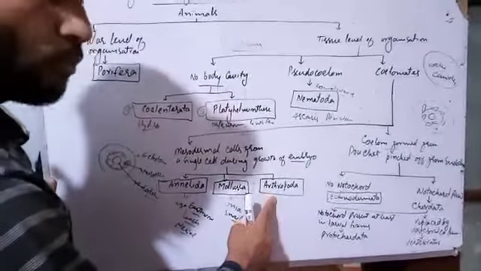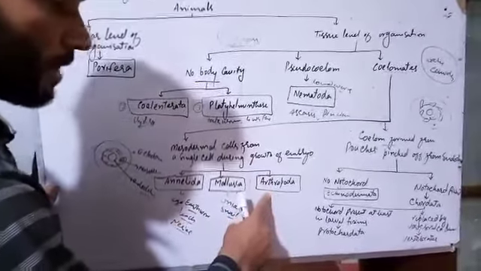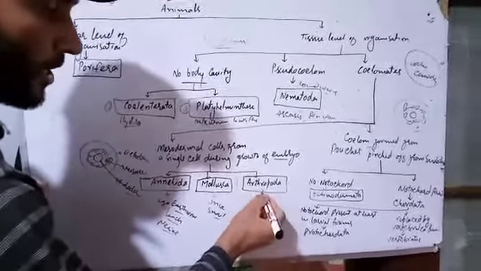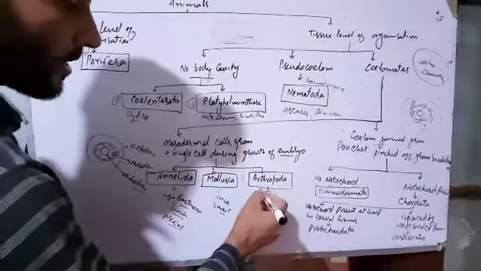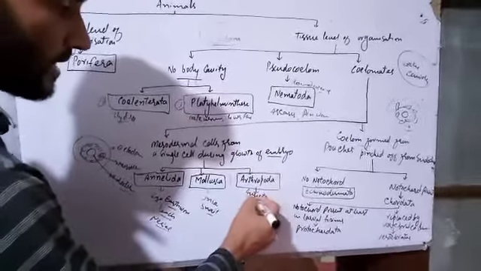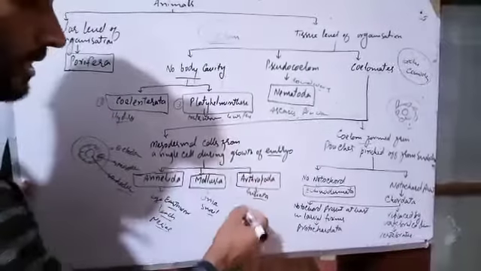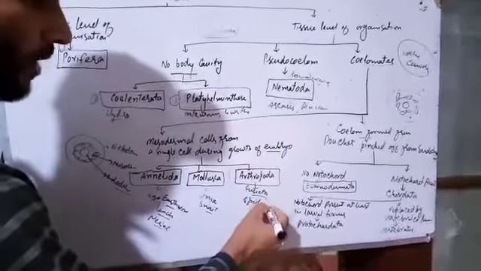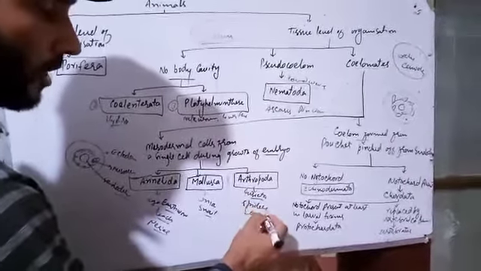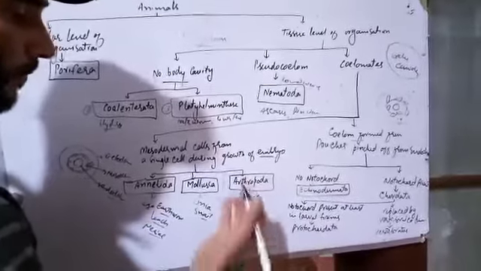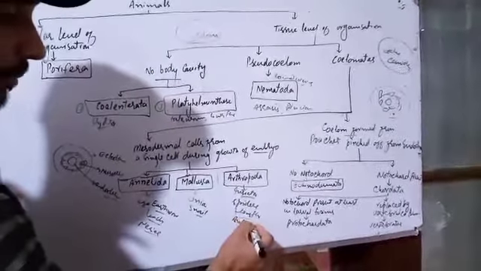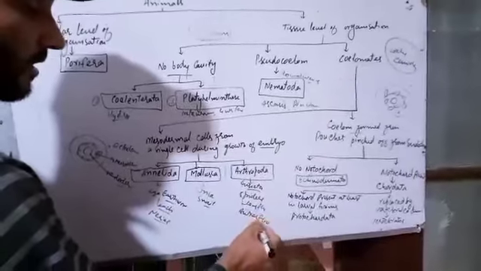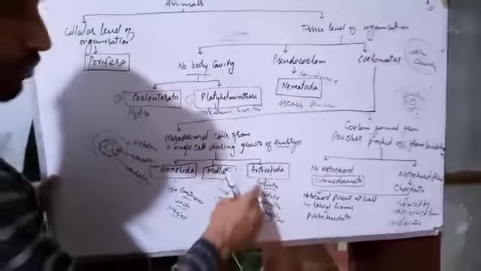Another is Arthropoda, the next phylum, or you can say jointed-feet-bearing animals, including insects. Insects are included in this, as are spiders, housefly, and butterflies. These are all included in our Arthropoda.